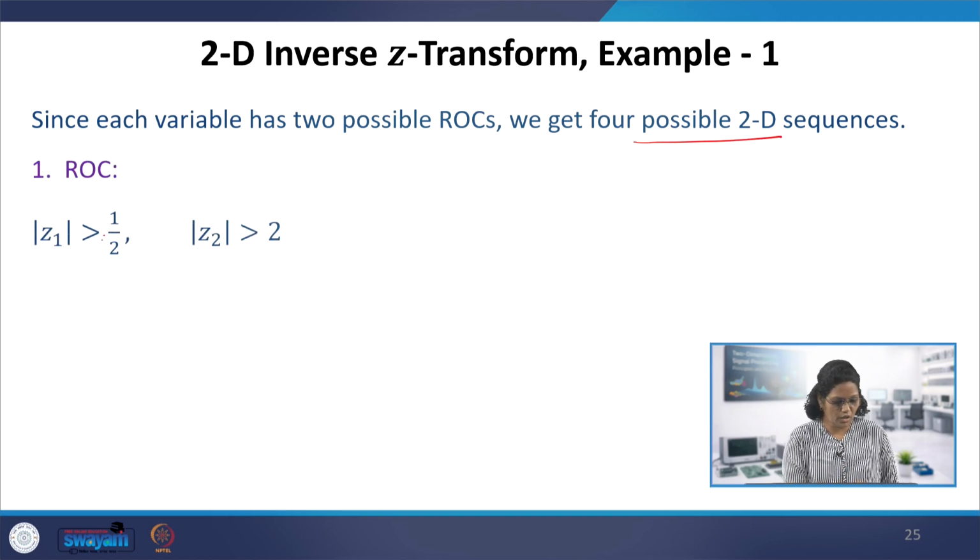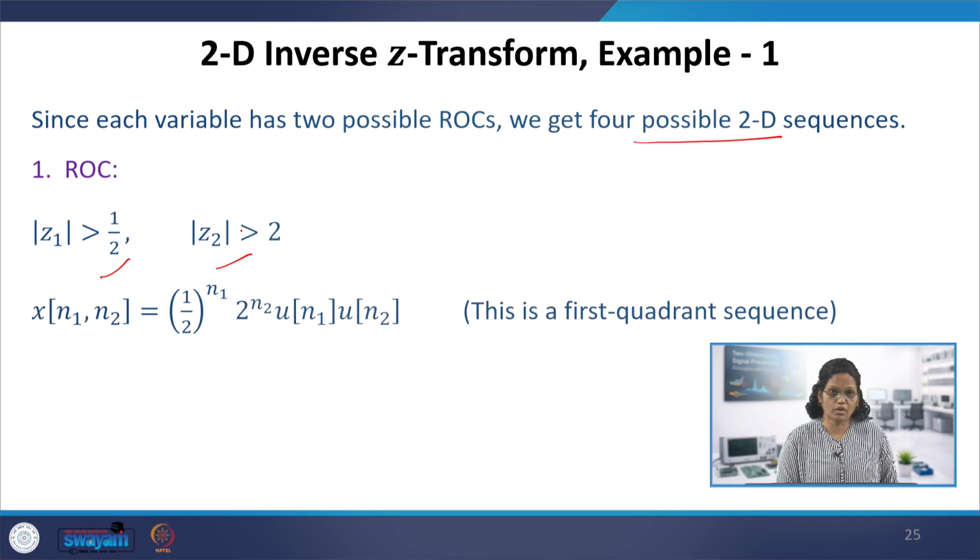Those are for the ROC z1 greater than 1 by 2 and z2 greater than 2. If both are in the case of greater than, that is the first quadrant, then x of n1 comma n2 is half power n1 and 2 power n2 u of n1 and u of n2. This is the first quadrant sequence.